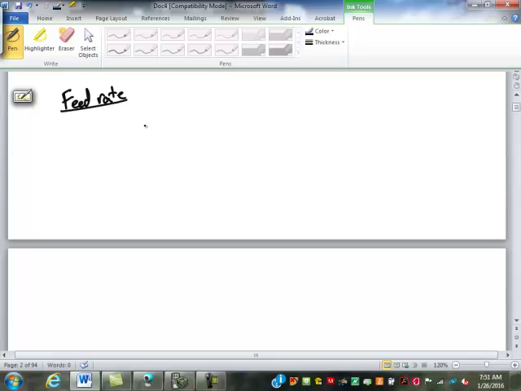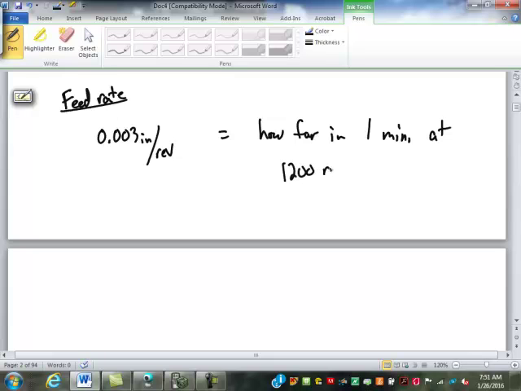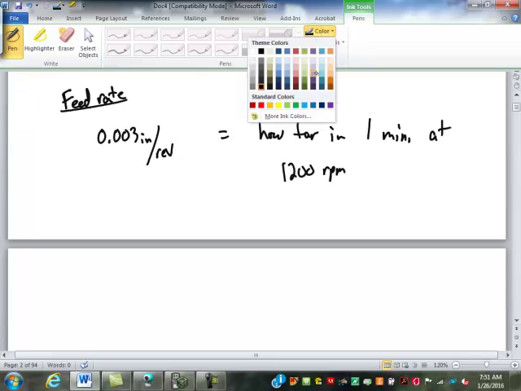Let's say your feed rate is 0.007 per revolution. How far in 1 minute at 1200 RPMs?